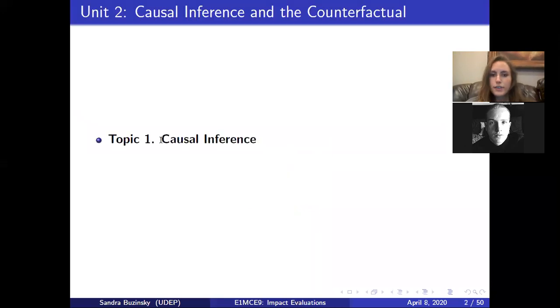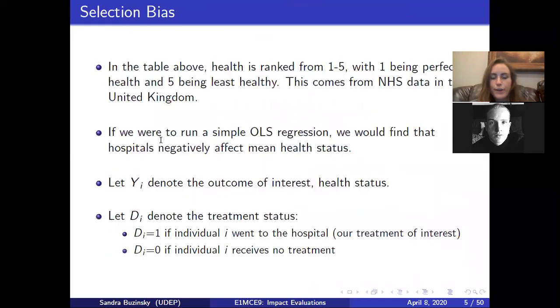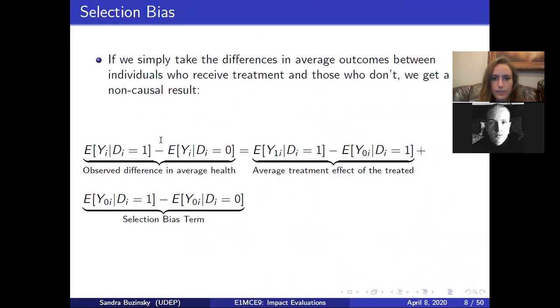Okay, so we started chapter 2 on Monday, and we finished already our conversation about selection bias. I hope you guys had time to go through this equation on what we actually observe in differences in outcomes, how it can be a function of the actual treatment effect we're interested in, and the selection bias term.